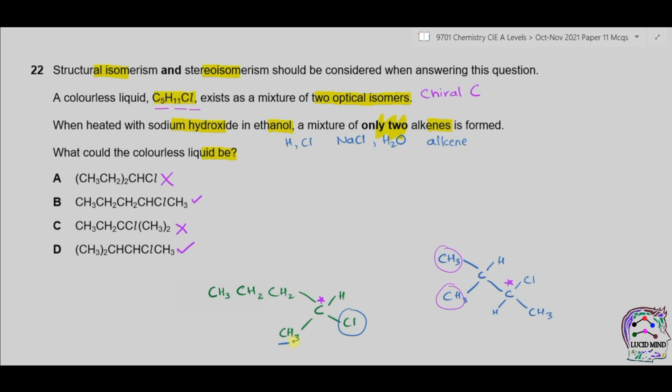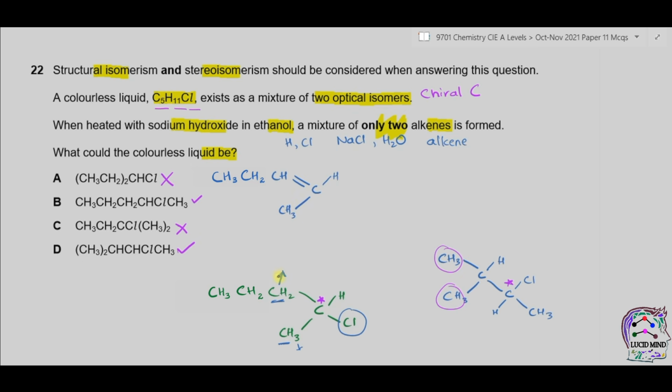So either hydrogen can be removed from this carbon atom or this carbon is also adjacent to this carbon, so therefore hydrogen is removed from this carbon atom. So double bond could come between these two or between these two. Let's draw both structures. We could have first one CH3, CH, double bond, CH, CH3.